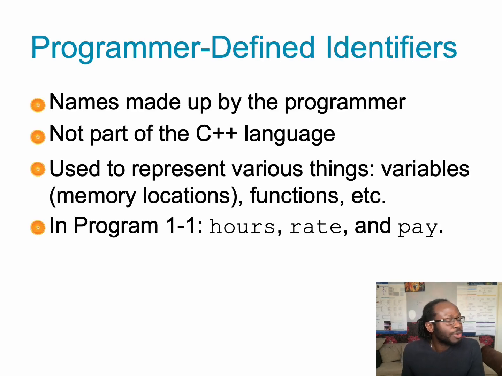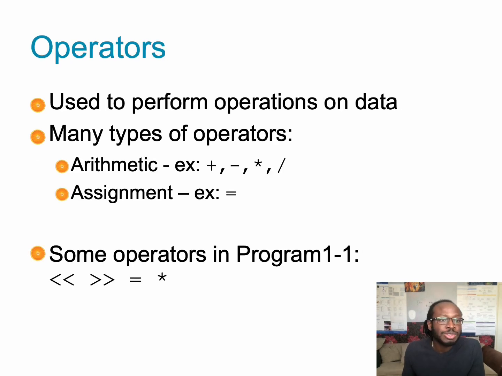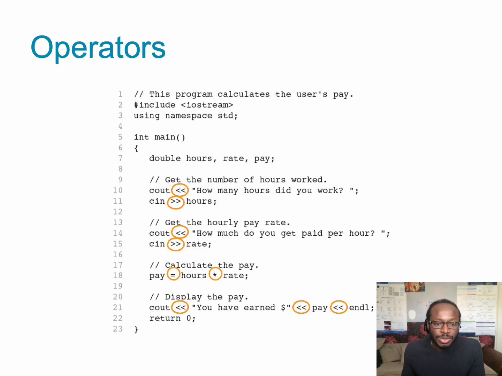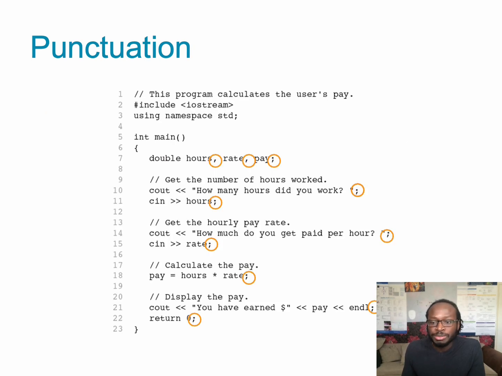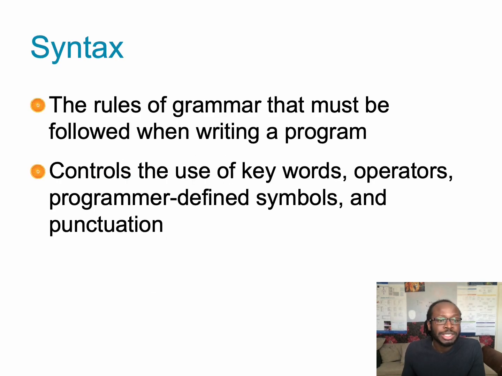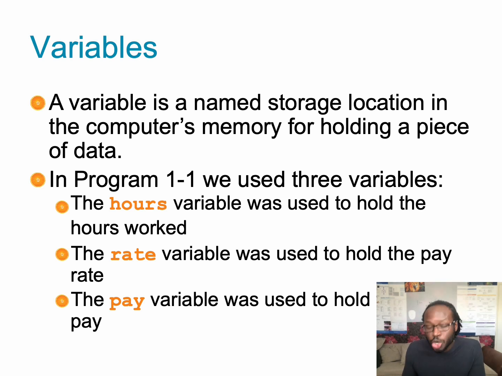Then you have the programmer-defined identifiers, things like variables that act as nicknames given to other things. And then the operators, which we have gone through, so I'm just going to rush through them. We've highlighted some punctuation, and then the syntax that controls the flow of the code as well.